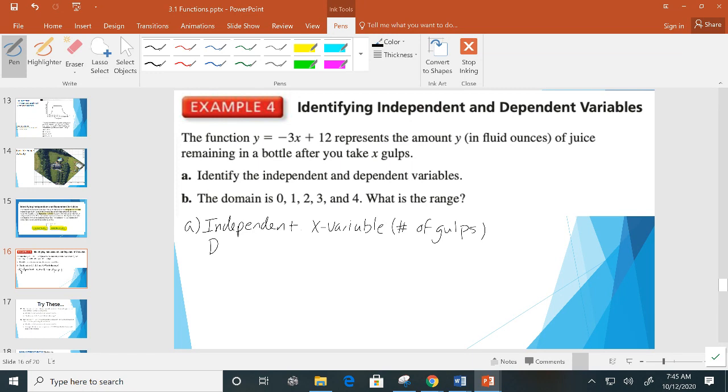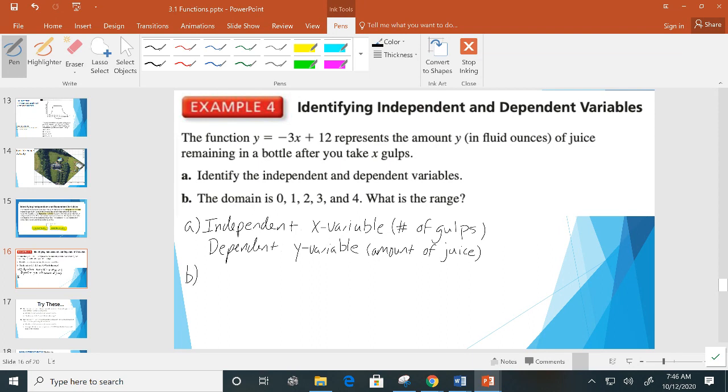And your dependent variable is your y variable, which in this case would be the amount of fluid, or the amount of juice left. That should make sense because the amount of juice left, your y, depends on how many gulps you've taken, x. So that y variable depends, aka your dependent variable, on your x.